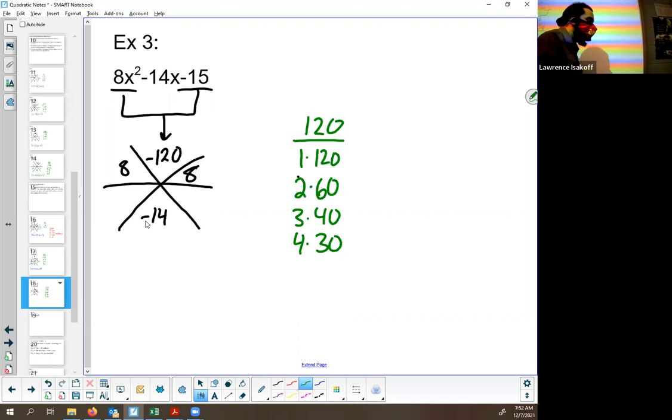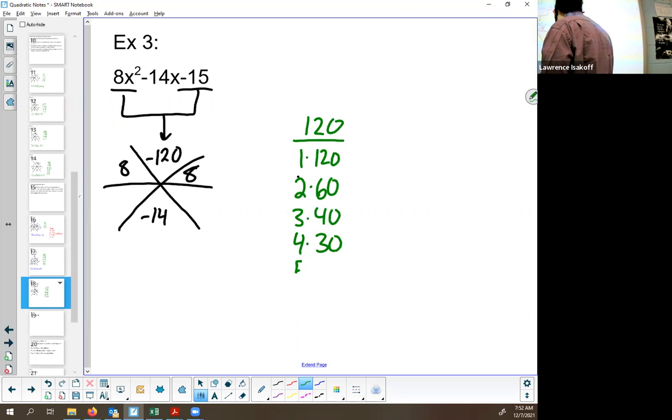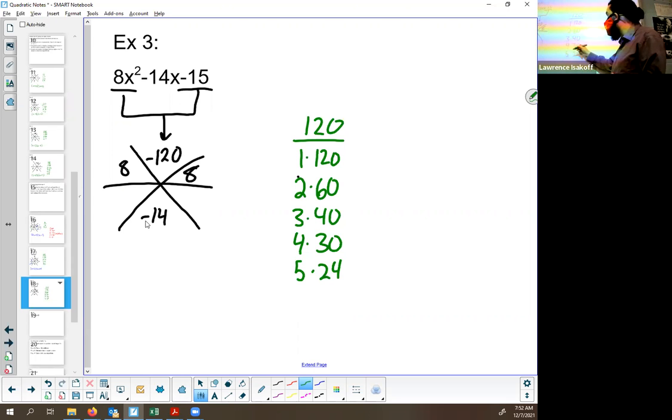So that tells me 5 will work. 5 times what gives me 120? 5 times 24. Good. Okay. 6 goes into 60, 30, and 24. So 6 should go into this. What's 120 divided by 6? 6 times 20.